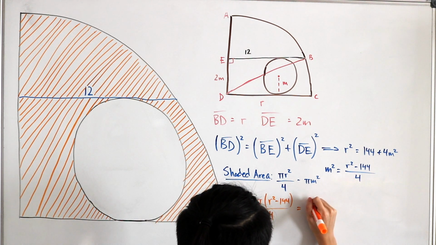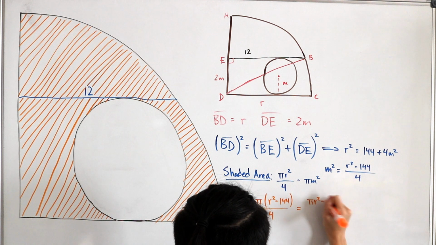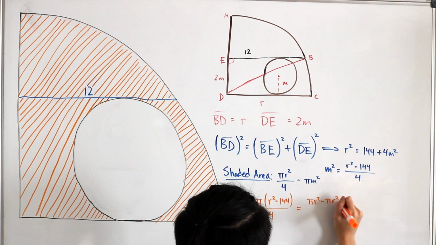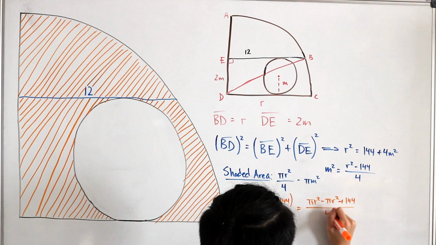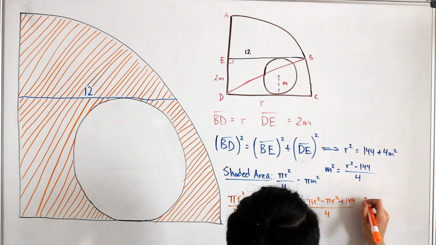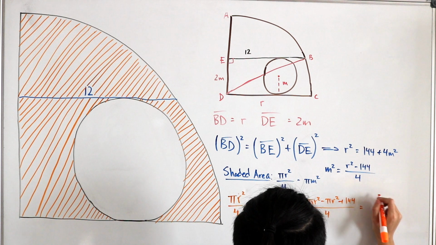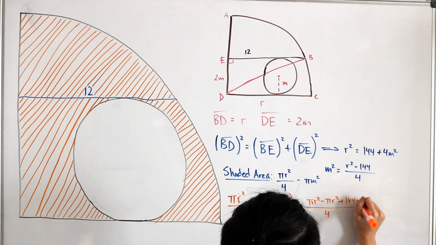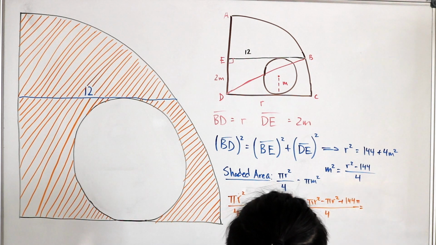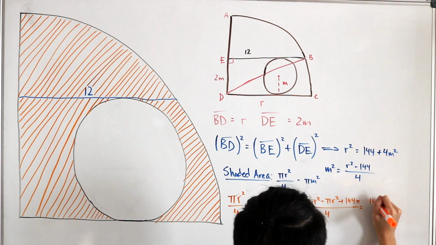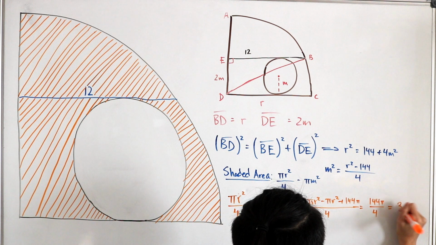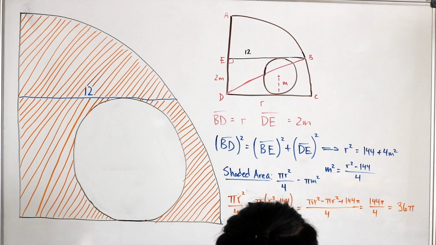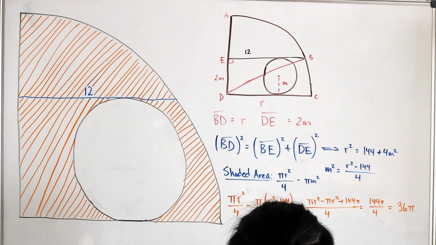Then we have pi R squared over 4 minus pi R squared over 4, plus 144 pi over 4. The pi R squared terms cancel each other out. So we have 144 pi divided by 4, which comes down to 36 pi, which is the final answer to our shaded area.